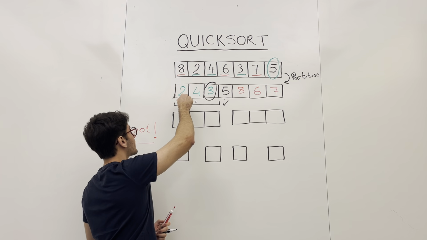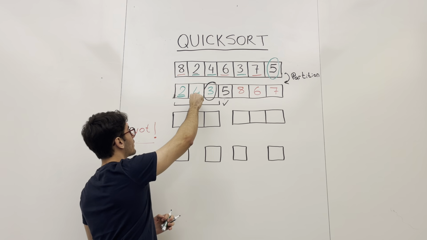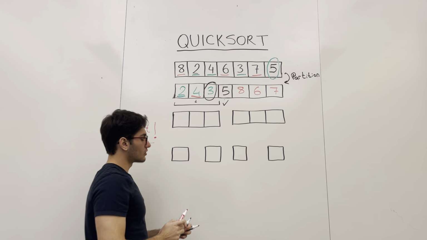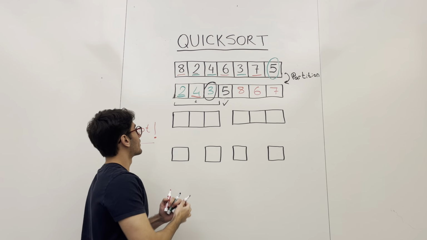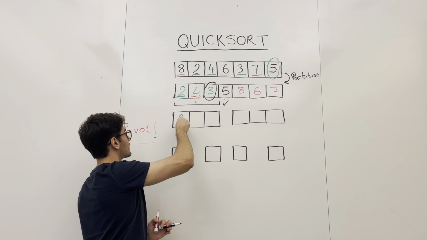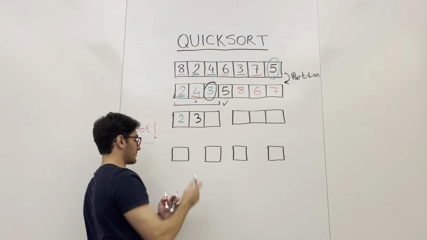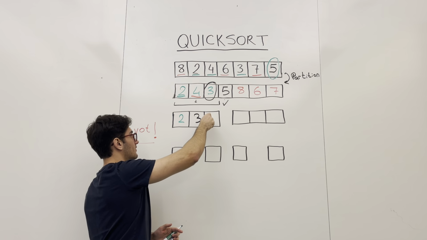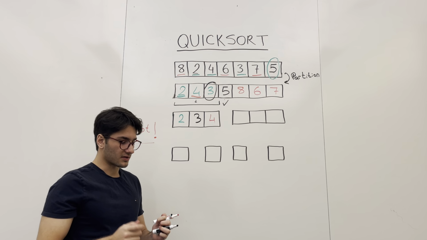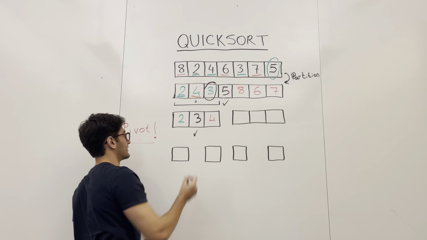In this subarray, 2 is smaller than 3, and 4 is greater than 3. So we put the smaller element here, then comes 3, and then comes the element that is greater than 3. Now we did another partition step, and we know that element 3 is at the right place.